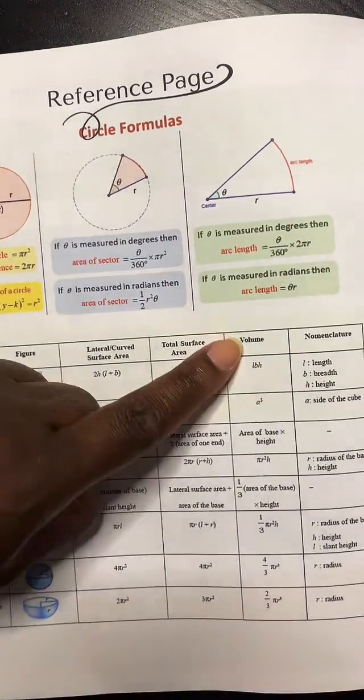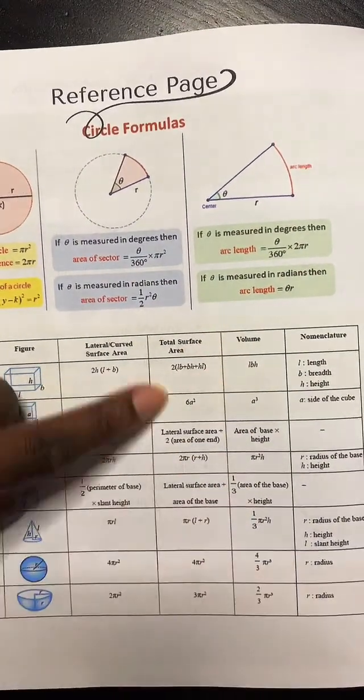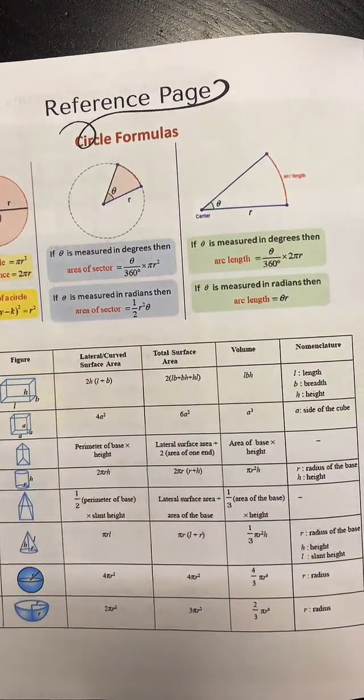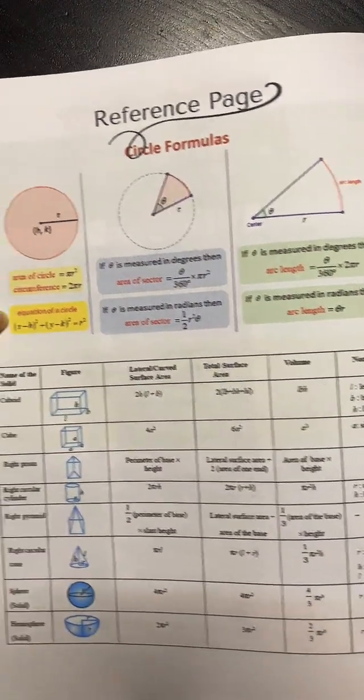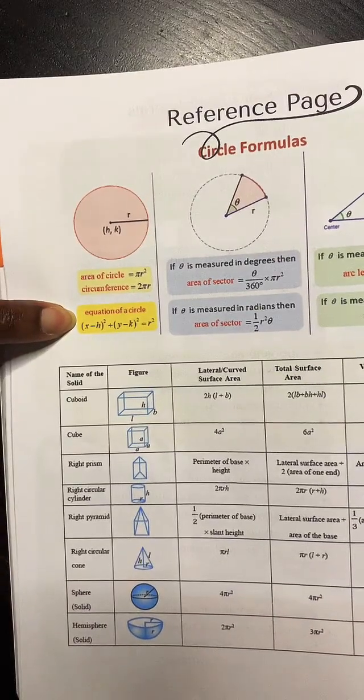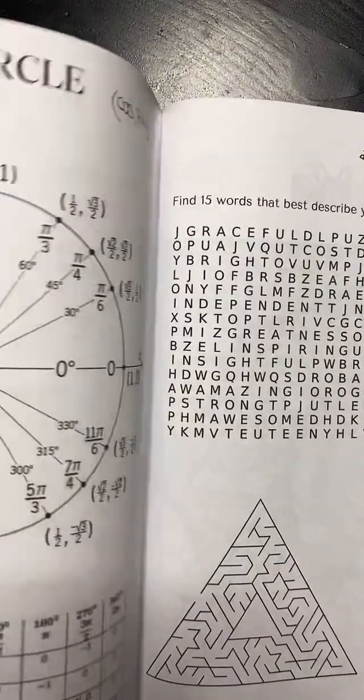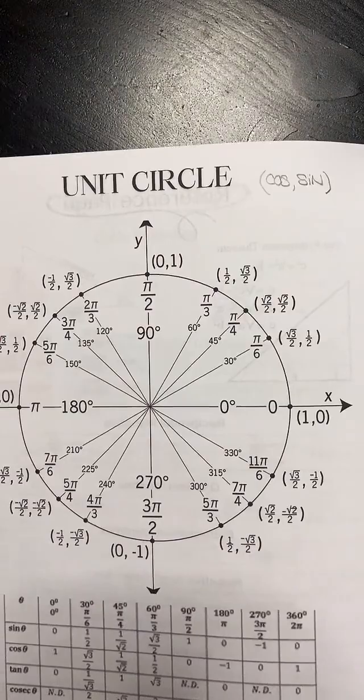Then volume and surface area formulas, area of a sector, arc length, area of a circle, also the equation of the circle. And last but not least, and there's going to be more coming with my newer book, the unit circle.